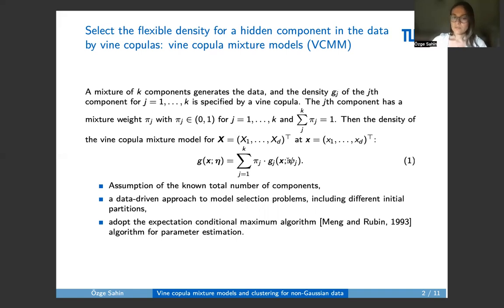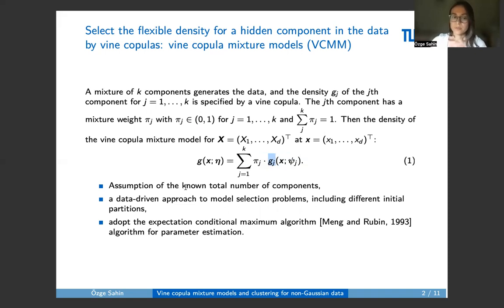In Equation 1, you see the general formulation for a finite mixture model. What we are doing is expressing each component in the data, the j-th, as specified by a Copula. Of course, there are many selection and parameter estimation problems. To make life a little bit easier, first we start with the assumption of a known total number of components.